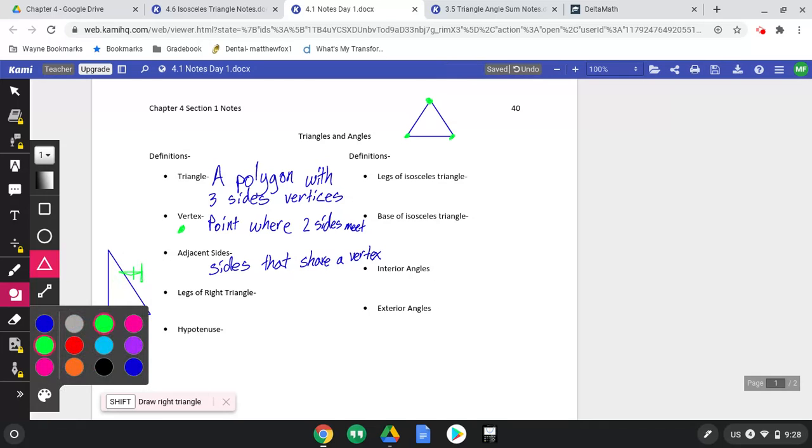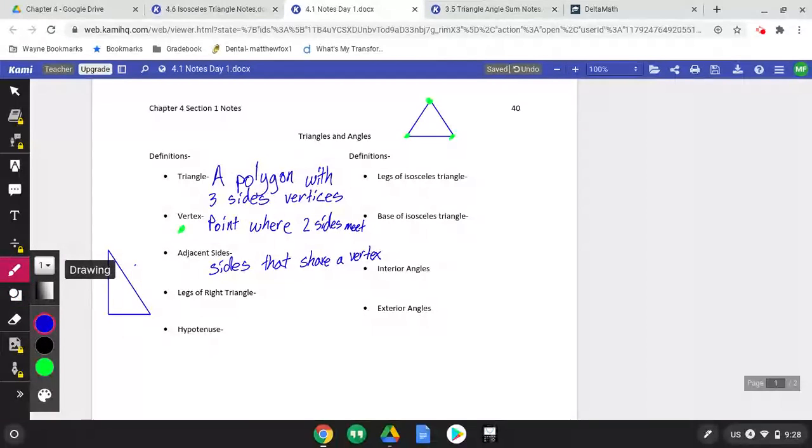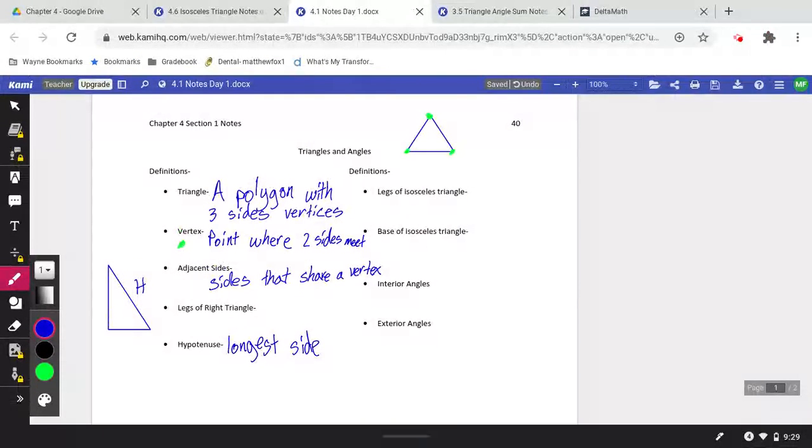Oops, that was a mistake. I was doing that with my triangle. Okay, so the hypotenuse, which is right here, and the hypotenuse we always know is going to be our longest side. So it's the longest side of a right triangle.